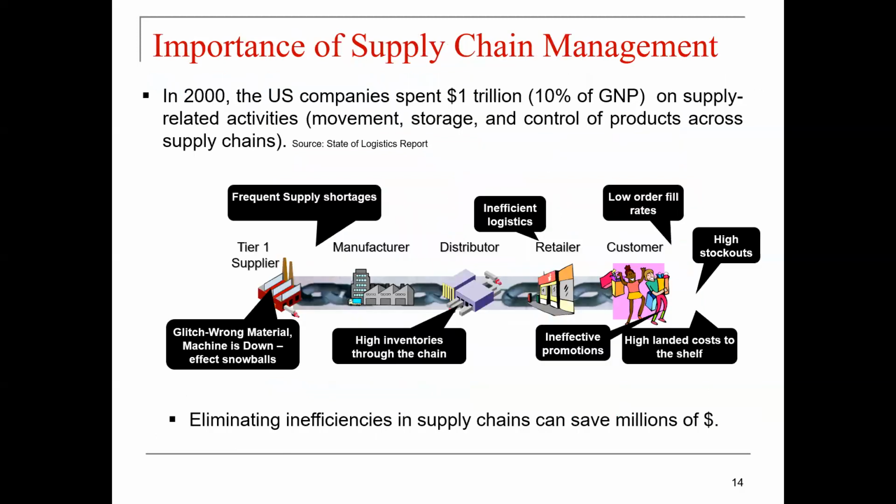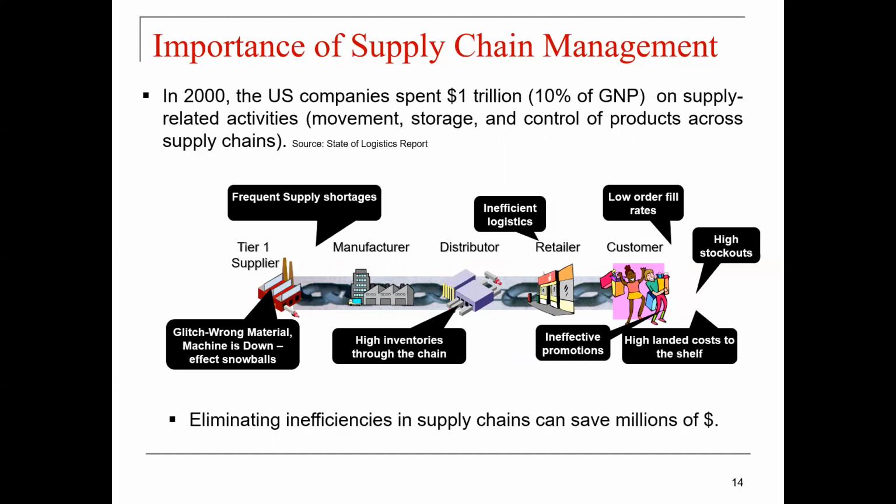The importance of supply chain management. In 2000, US companies spent $1 trillion, about 10% of the gross domestic product, or GDP, on supply-related activities: movement, storage, and control of products across supply chains.